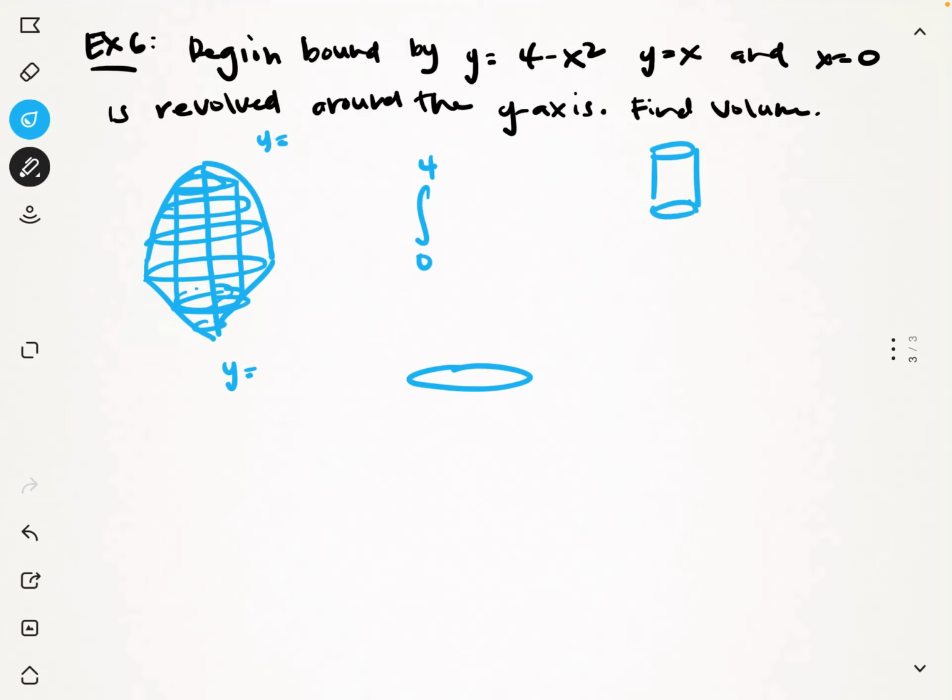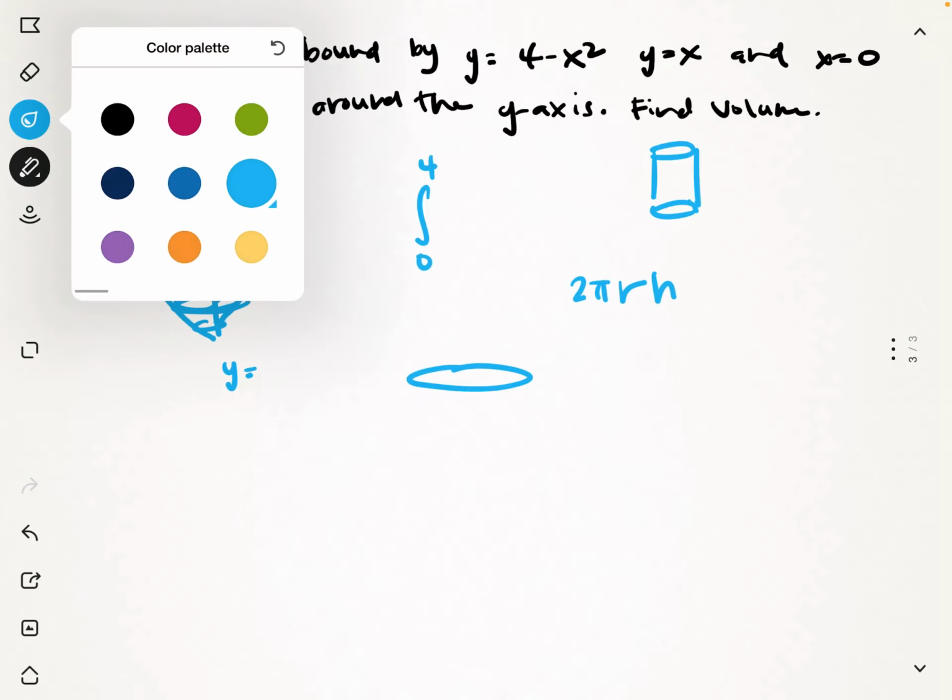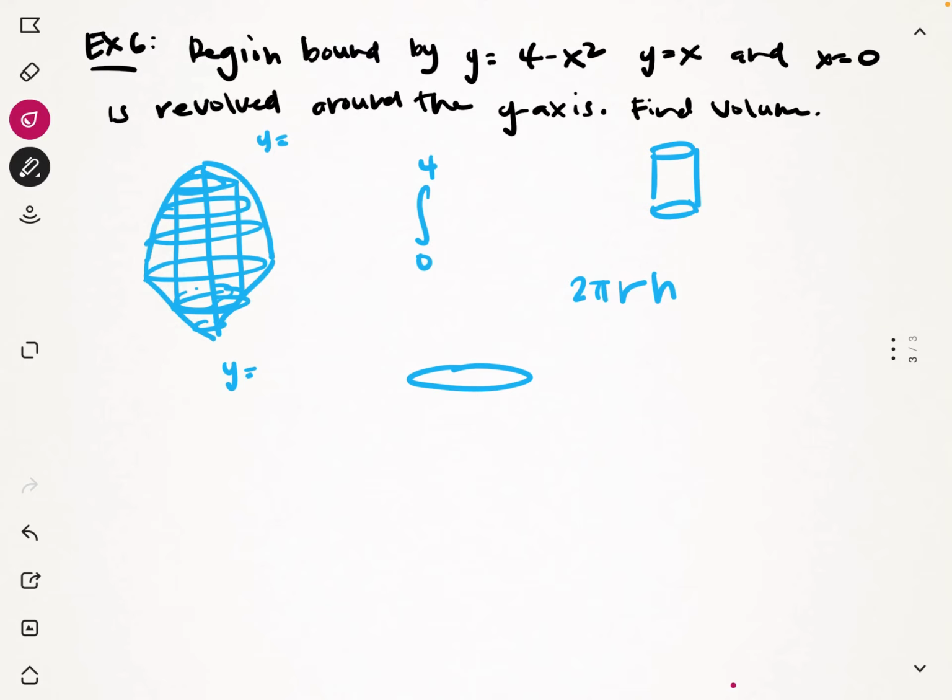So what we're going to do is use that same thing we did earlier, 2 pi r times h. And let's figure out what these things are asking us to find. So the r is just going to be the x, right? So this is going to be technically the x. So we need to solve this for x. So x is y.